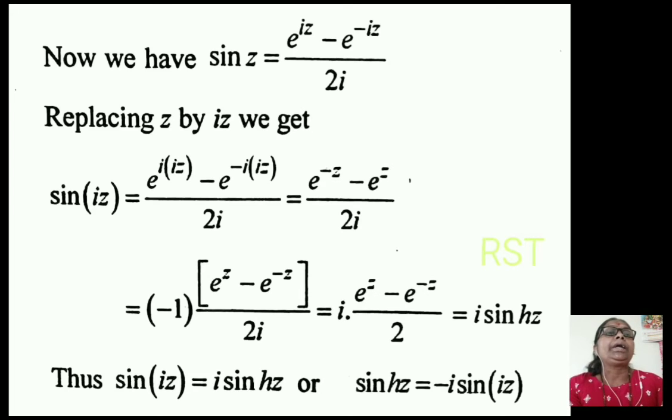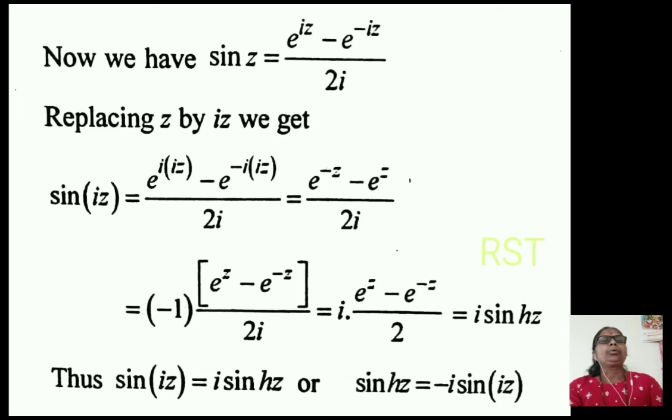So that sin of iz equal to i into e raised to z minus e raised to minus z upon 2, which is equal to i sine hyperbolic z, since sine hyperbolic z equal to e raised to z minus e raised to minus z upon 2. Thus, sin of iz equal to i sine hyperbolic z, or sine hyperbolic z equal to minus i sin iz.